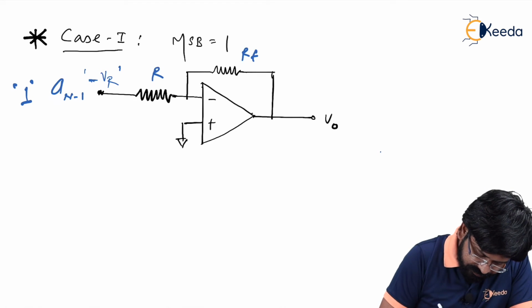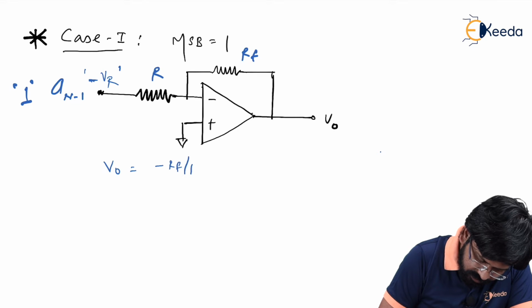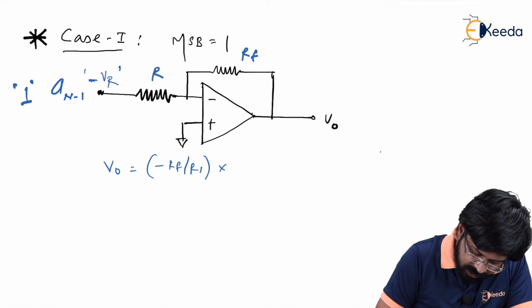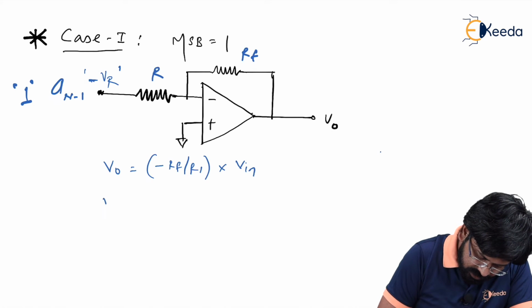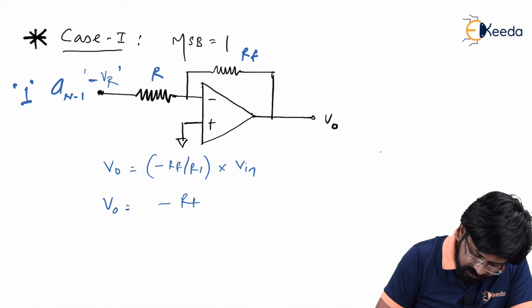So now let's see. According to the formula, it says V0 equal to minus Rf upon R1, which is gain of operational amplifier in inverting mode, multiplied by Vin. In this case, V0 equal to minus Rf is used as it is.